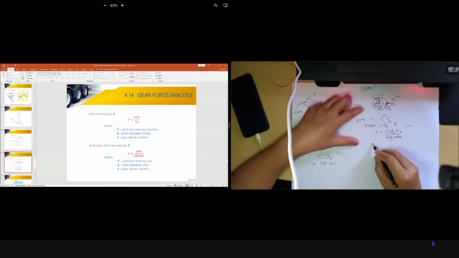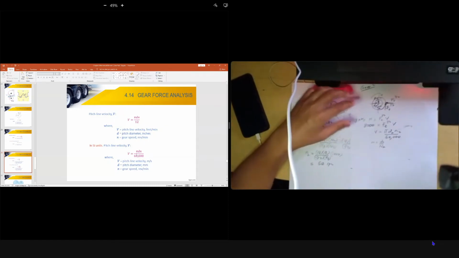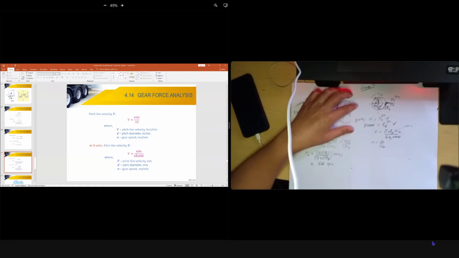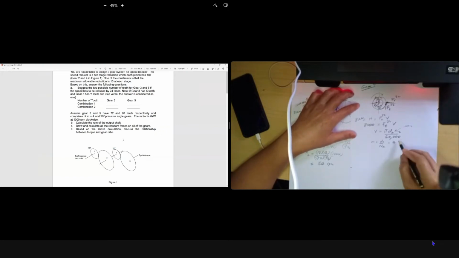So for the diameter, we know module is diameter over N. Module is diameter 2 over N2, also diameter 3 over N3 and so on. Module is the same. It's given that your module is 4 mm.